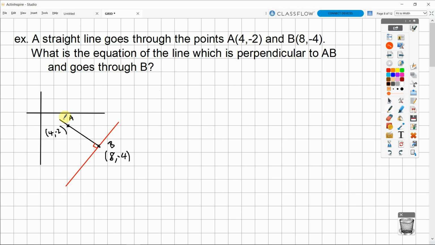So I'm going to start with what I know. I'm going to start by working out the gradient of AB. And later on I'll think about the gradient of the perpendicular line. But that immediately causes me an issue with the way I write this down. I need to distinguish between the two gradients, so I'm going to talk about the gradient of AB. A subscript is quite useful. It's the change in y over the change in x. So I've got a change in y, I think we'll say minus 4 take minus 2, over the change in x, 8 take 4.